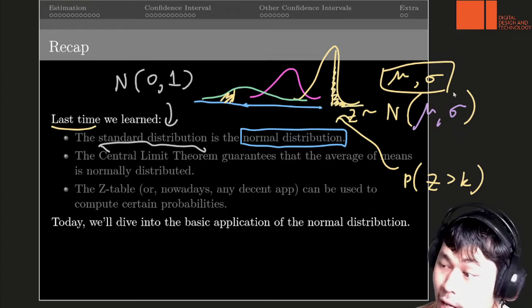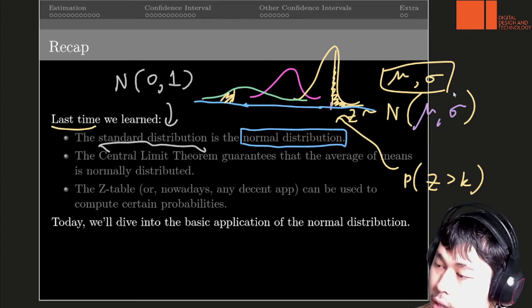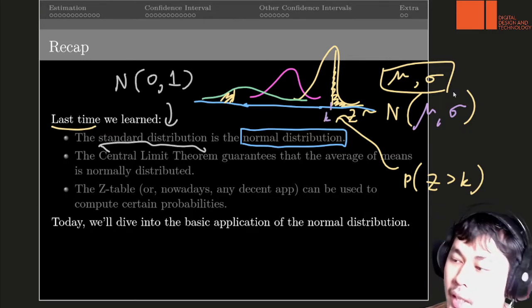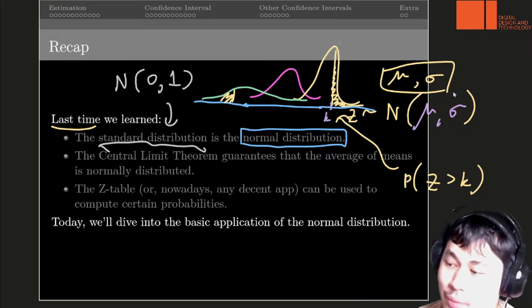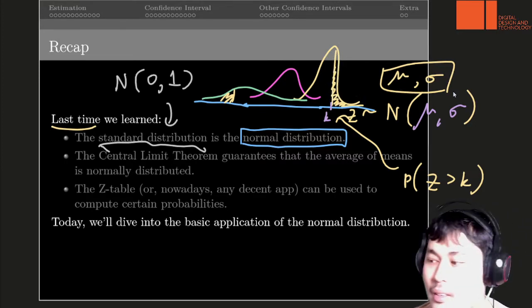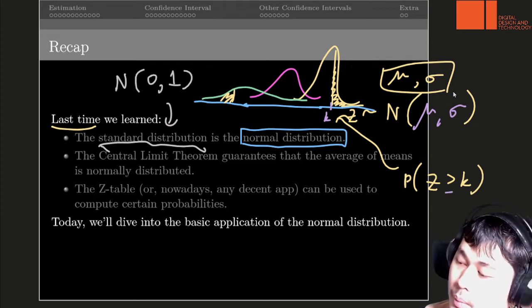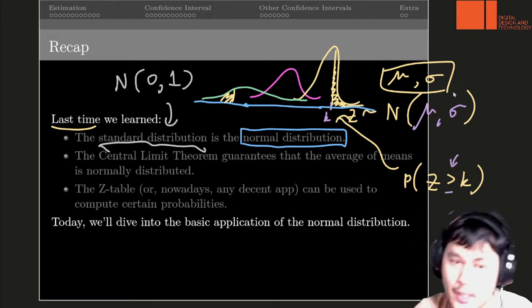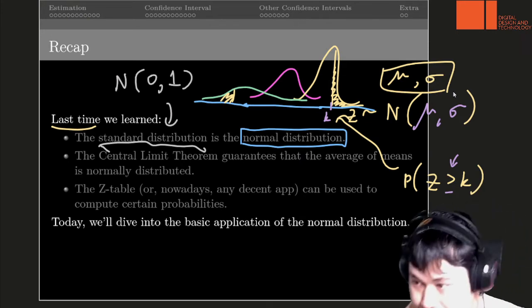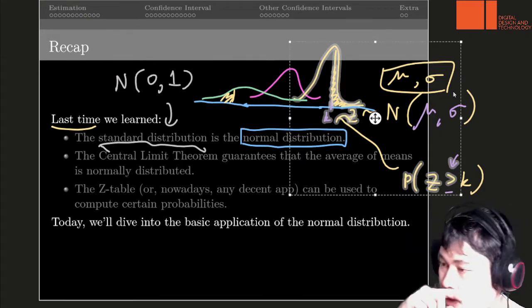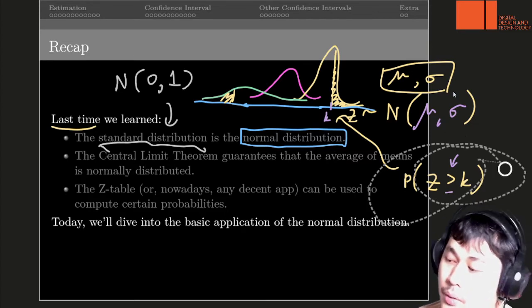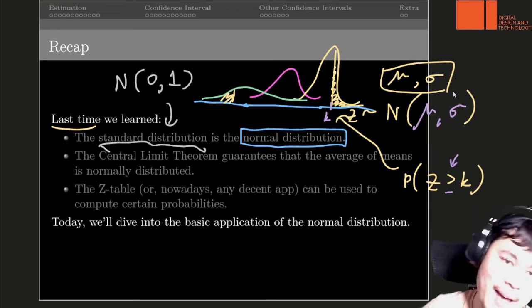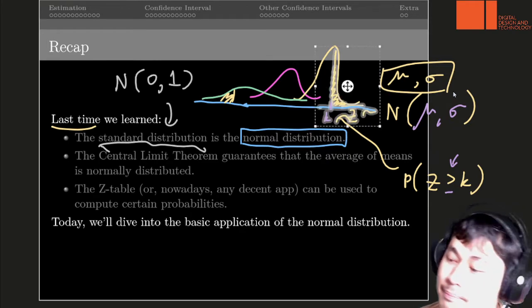Once we plot a graph and identify where that value k is on the graph, we can draw a straight line at k, and then shade the area to the left or to the right, depending on whether the symbol is greater than or less than. So that's what we have so far, and we know how to compute this using both the app and some properties of the curve.